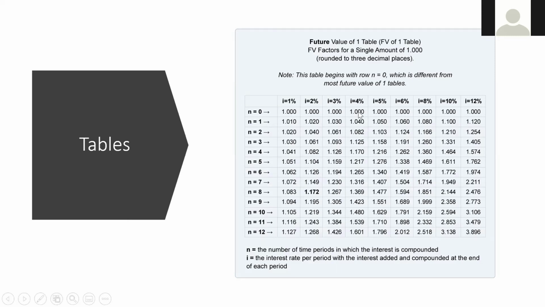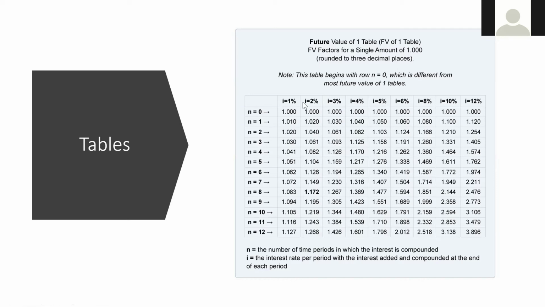Ms. Foster? 3%. So we have 3% here. And then the number of years, it's 3 years, right? So it's this particular figure here. If we multiply it, this is 1.093.